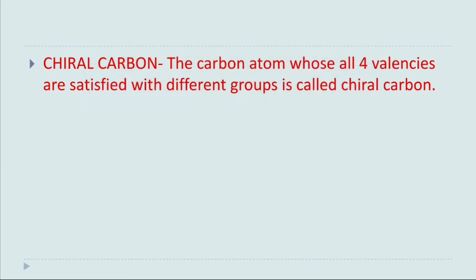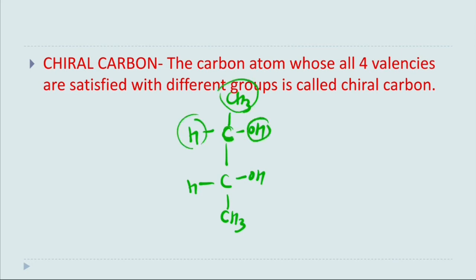Okay, so suppose we have a compound like this. Now if we consider this carbon, we see that all the 4 groups are different, which means this carbon is a chiral carbon, and similarly the carbon present below is also chiral.